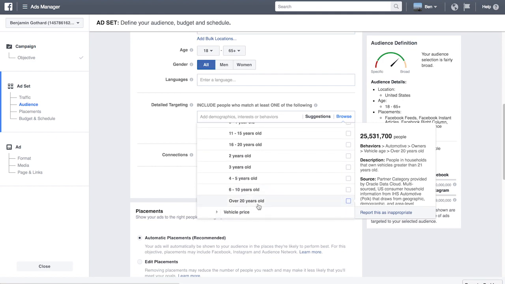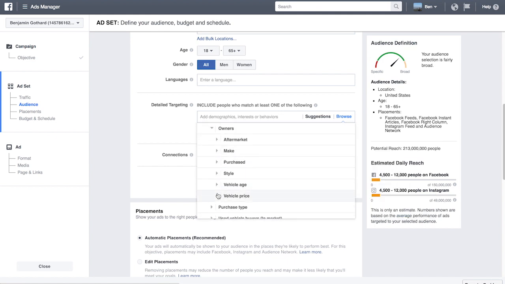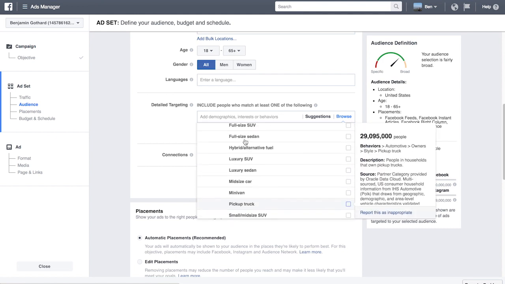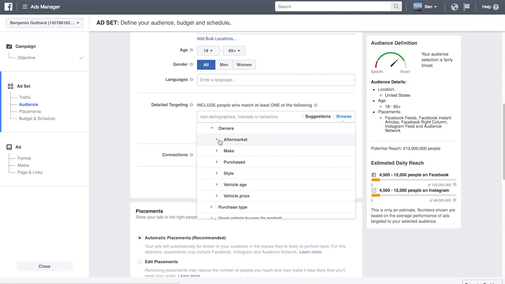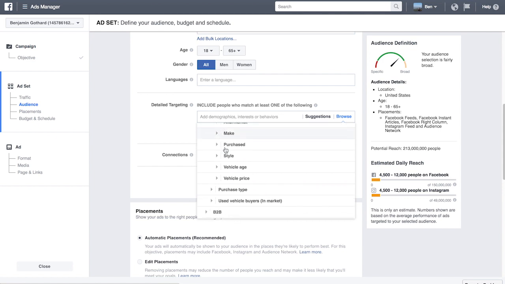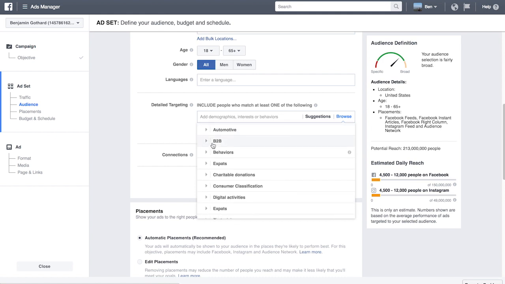There's just no possible way, or at least not one that's as effective as this. You can target people based on the type of car that they own, on whether or not they're likely to buy auto parts. And these behaviors can truly define people, and they do define people.